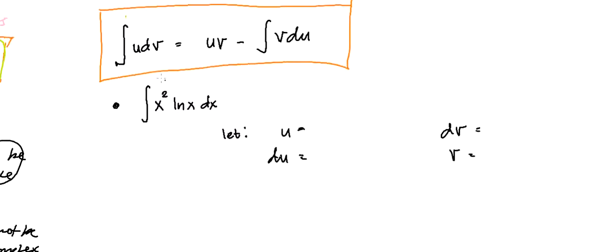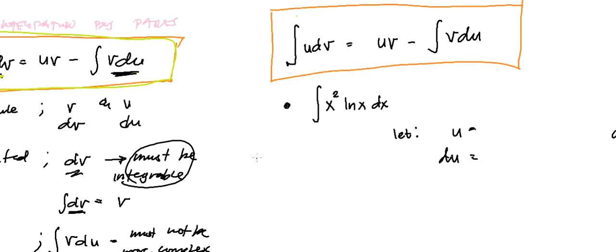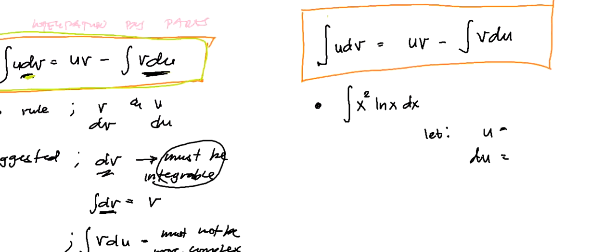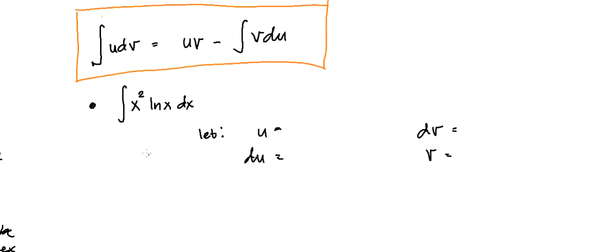Of course, the x squared is integrable, but ln of x is not integrable. We don't have the integral of ln of x, but we only have the integral of 1 over x, which is ln of x. In this case, we don't know the integral of ln of x.